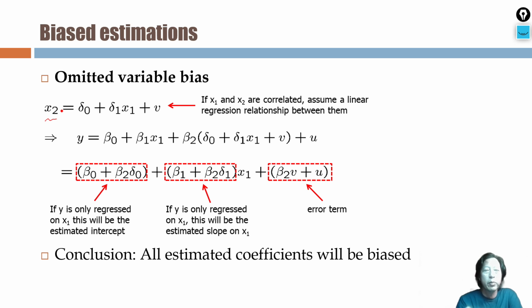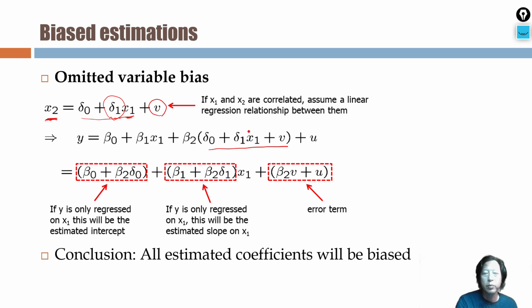This is similar to the partialing out. If I do the regression for x2 using x1, then this is the error term. If x1 and x2 are correlated, which means we have a positive or negative, non-zero value here. So you can just replace x2 with this expression.